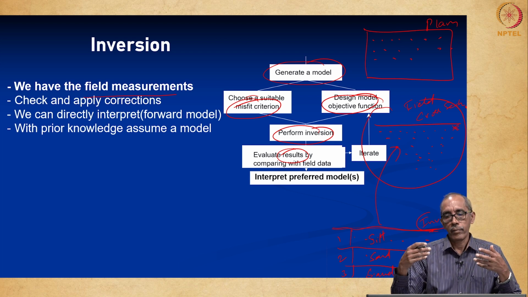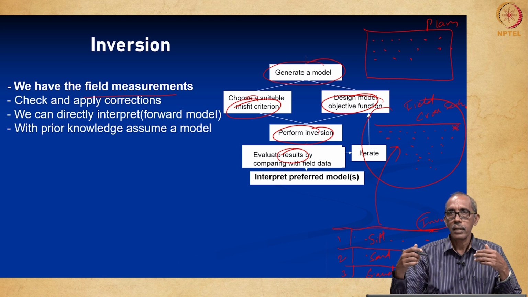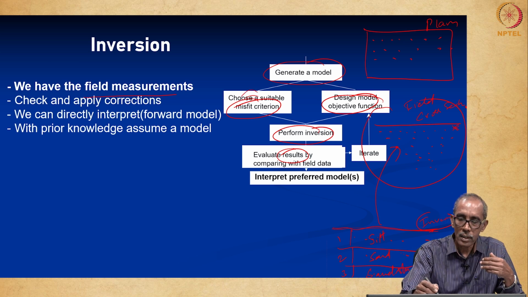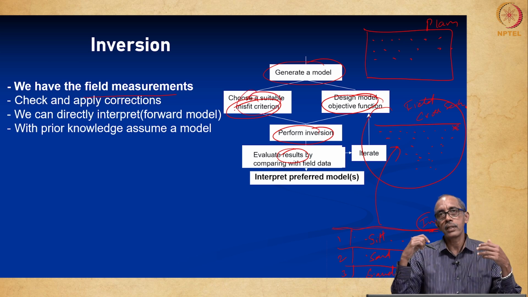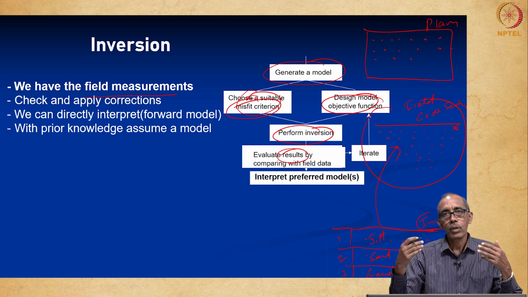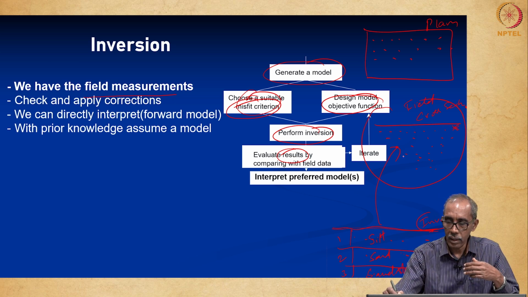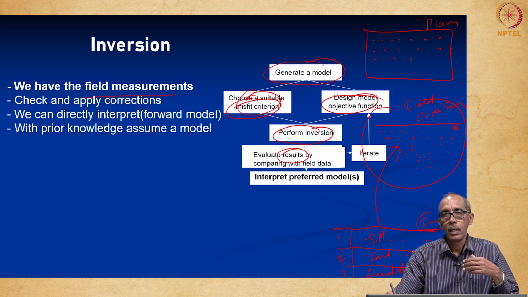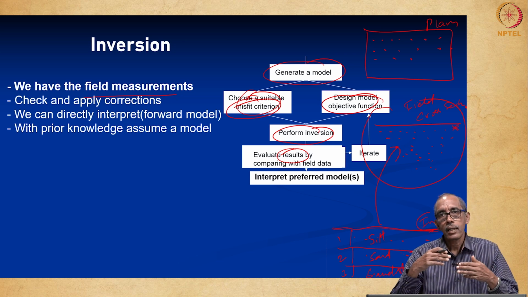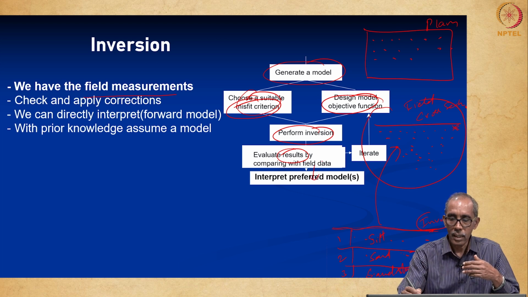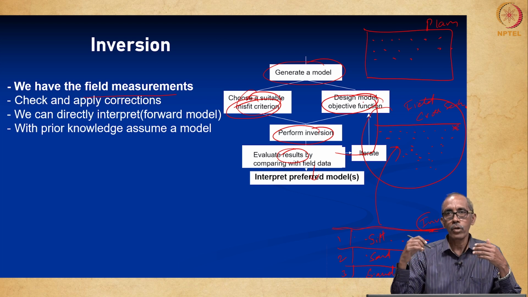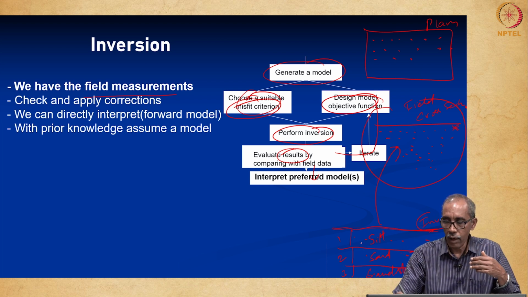Are they matching? So, how do you decide whether they are matching? You have chosen some misfit criteria, maybe root mean square error or correlation coefficient. What is the correlation between the field data and the inversion data? When they are reasonably matching, then you go to the next stage. If they are not matching, you iterate again. How do you iterate? You change the configuration here.